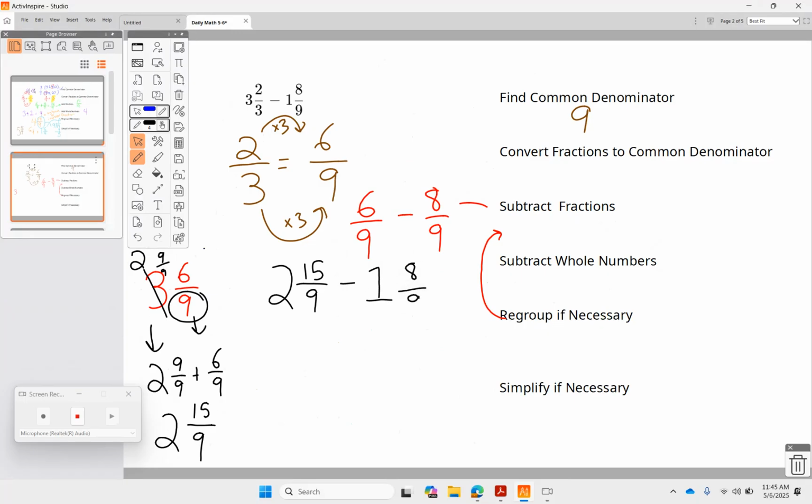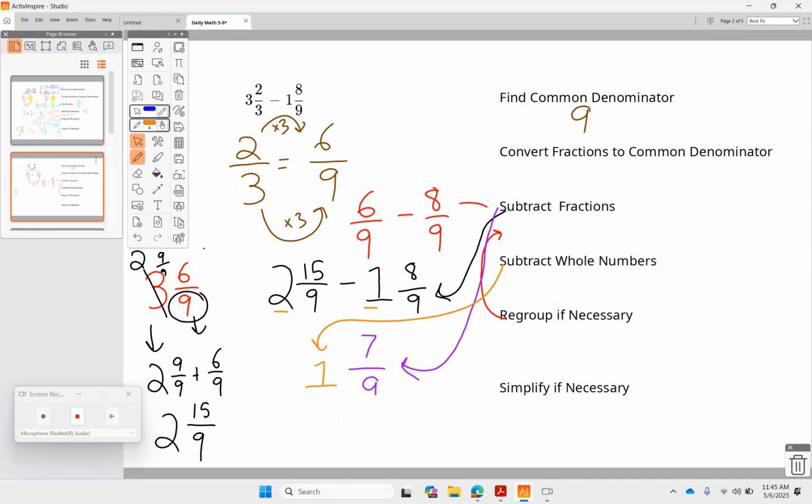So now I can subtract the fractions. 15 minus 8 is 7. So that's subtracting the fractions. Next, I'm going to subtract the whole numbers. 2 minus 1 is 1.